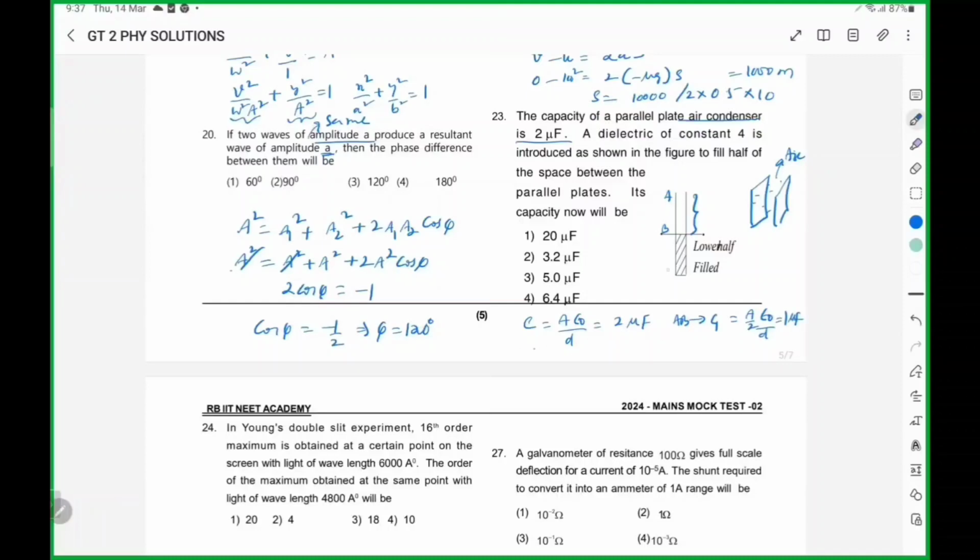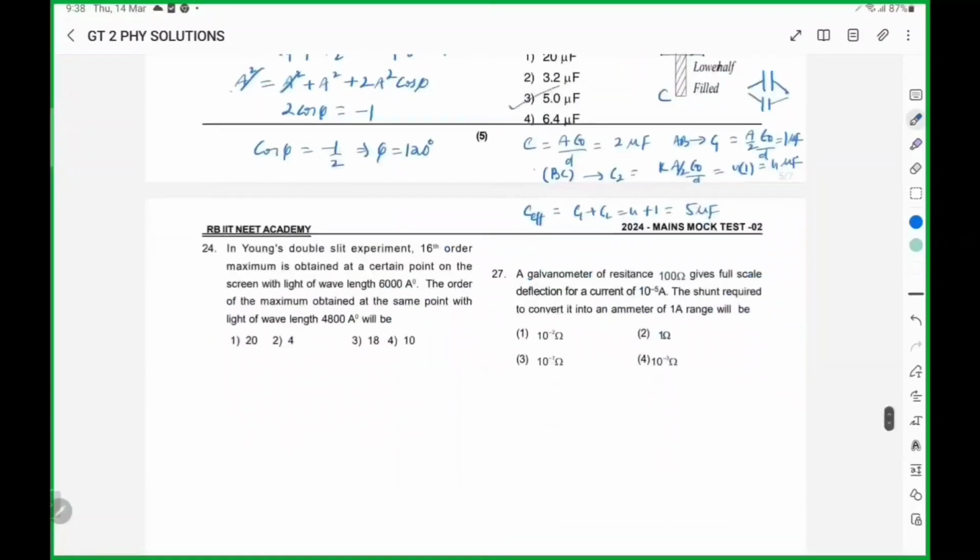When it is filled with dielectric, the capacitance of that capacitor will be K, here 4, into 1, 4 microfarad. These two are connected in parallel. Effective capacitance is 4 plus 1, 5 microfarads.